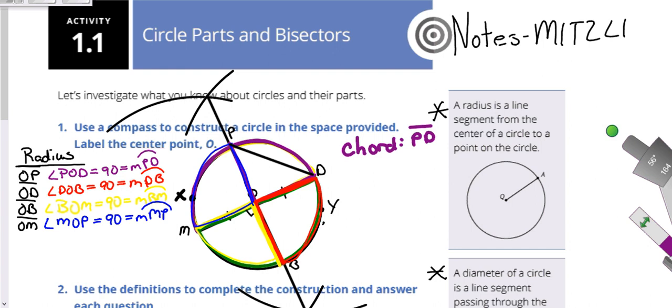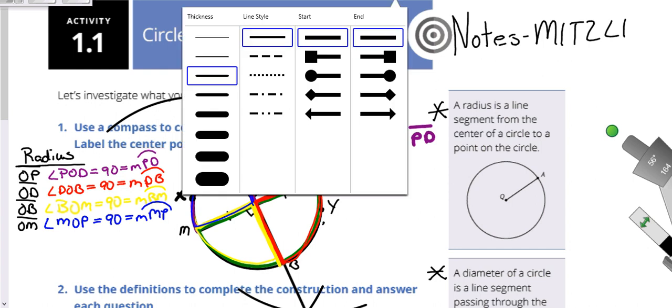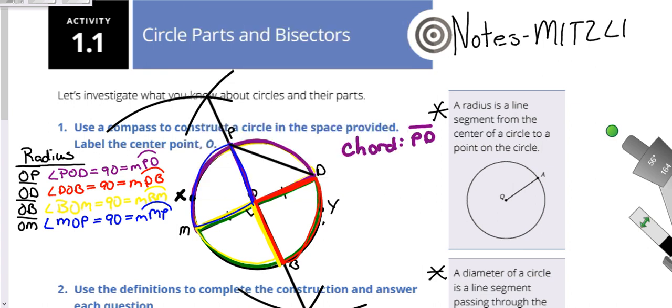And then I am going to draw a line, which is going to be a secant because it's going to intersect the circle, where it has arrows on both ends. I'm going to draw a line through MB. Yeah, we'll go through MB here.